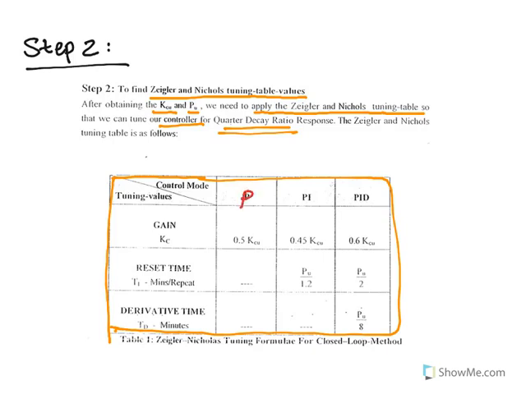If we are using only proportional, then we have to multiply 0.5 by the ultimate gain. This is the gain here, this is the reset time, the integral time, and this is the derivative time. If we are planning to use PI, we multiply 0.45 by the ultimate gain, while to find the integral time we divide the ultimate period by 1.2.